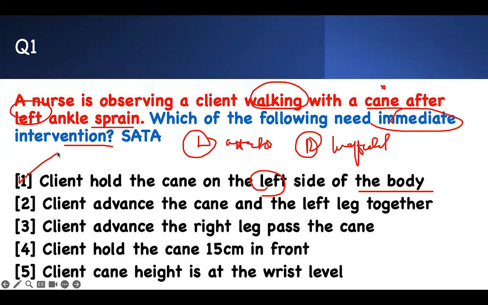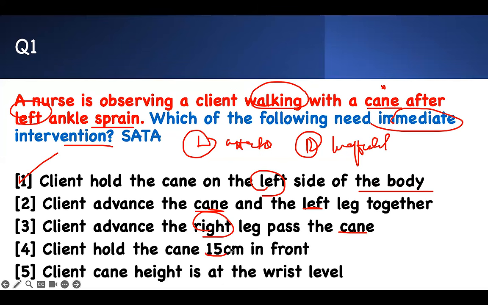This is a problem. The client advances the cane and the left leg. Yeah, because the left leg is affected, you have to advance it with the cane to provide some support. The client advanced the right leg past the cane. Yeah, you got to advance the right leg, the good leg, past the cane. That's how you advance forward.